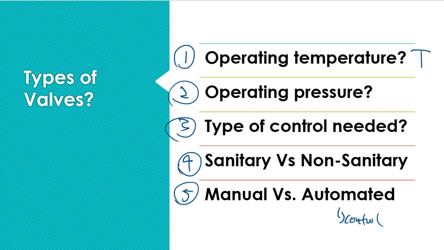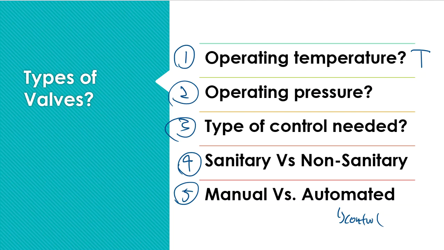Automation also talks about the actuator that sits on top of the valves that will control the flow based on the flow rate that you need. That is automation as well. So not just a straight-up cut on, cut off, but also flow control can be automated at the same time. All right, so those are a couple of decisions that go into picking out the proper valve.